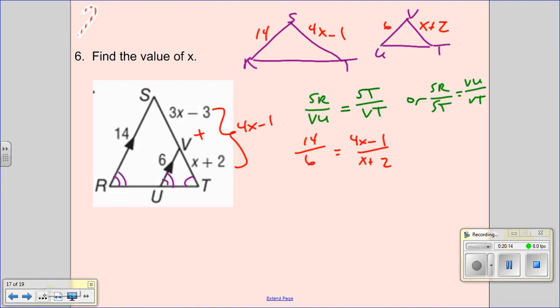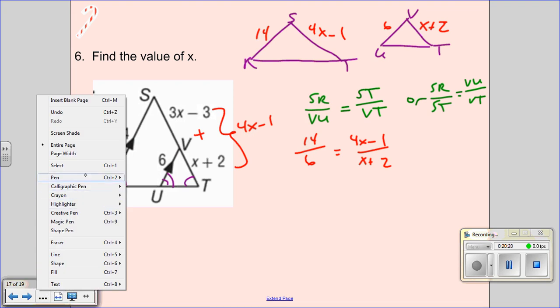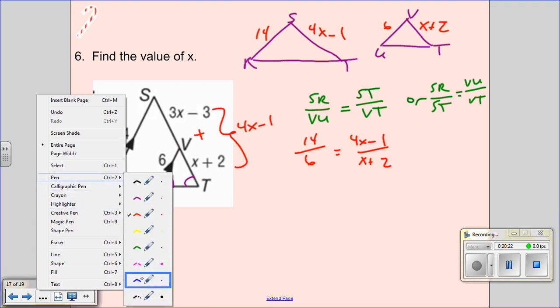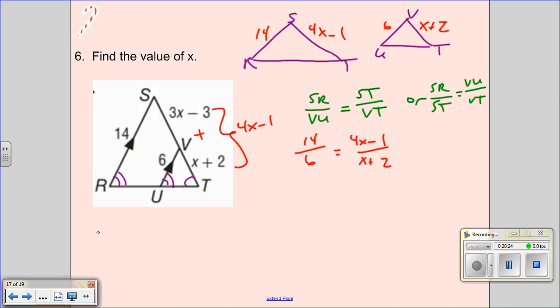I also want to take a sidebar real quick and explain what a similarity statement is, because you're going to be asked about this in your future. So a similarity statement is when you say one triangle is similar to another.